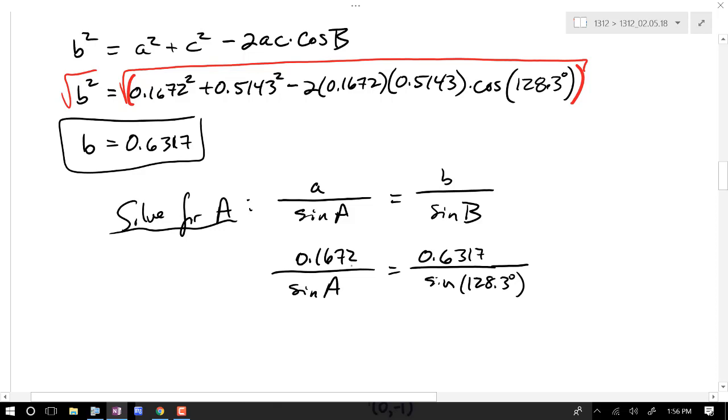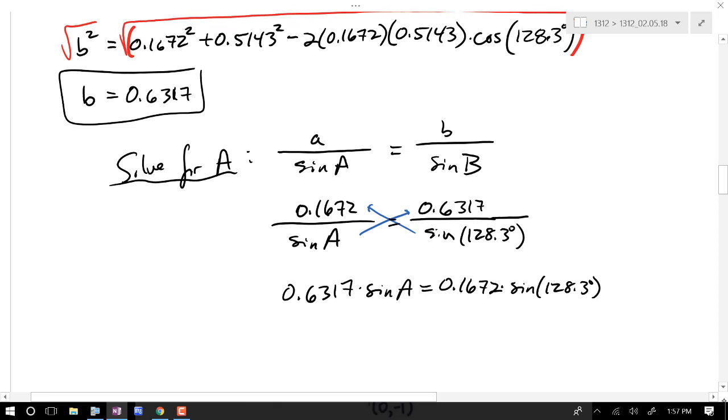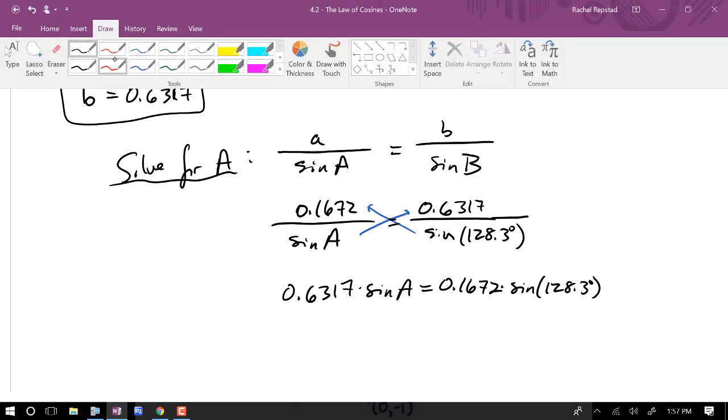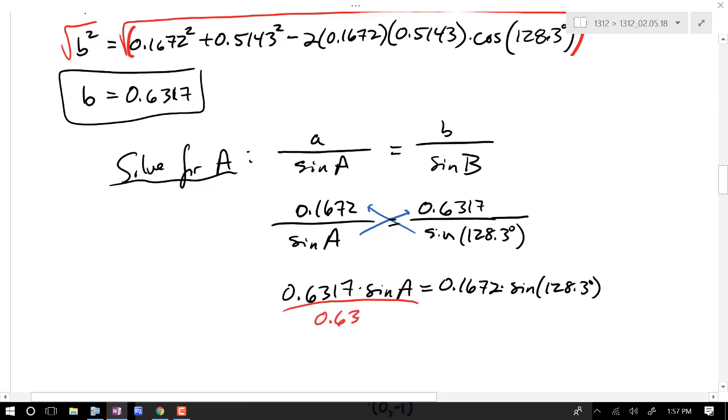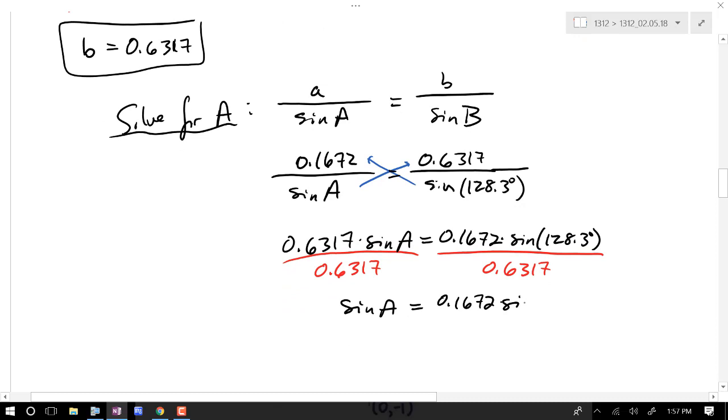Use the cross product, and solve for sine of A first. And then we'll just use the arc sine.